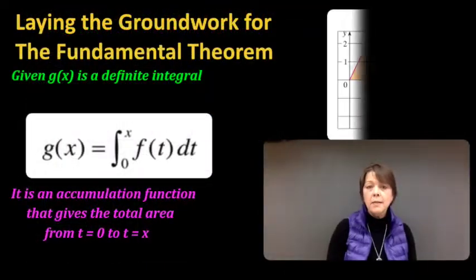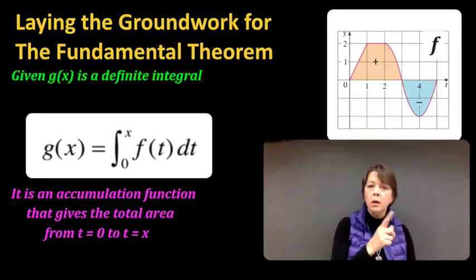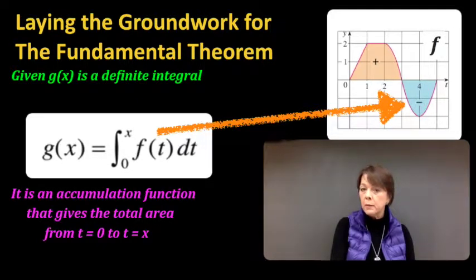So what we're doing is that we're laying the groundwork through this warm-up for notational fluency, understanding that an integral equation, g of x is equal to the integral from 0 to x of f of t dt, is the notation that we want students to get used to, and that it really just means that area is building from left to right, from 0 to x.